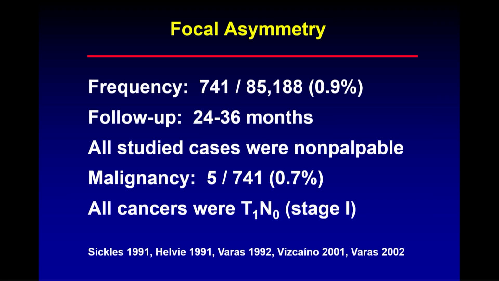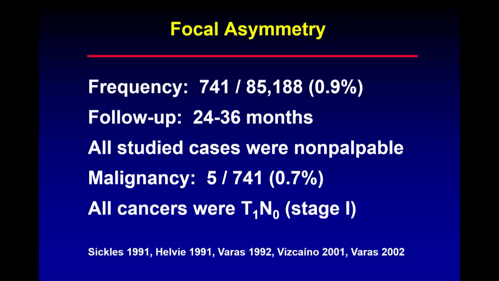Okay. There are many studies on focal asymmetry. We're not limited to just one. We've got many studies. I've just showed you the ones that were published around the year 2000, but there are other ones that have been published since. They all basically show the same thing. So even the initial ones, which were done with mammography that's now obsolete, that was done with film mammography, it still holds with digital, and it still holds with tomo.